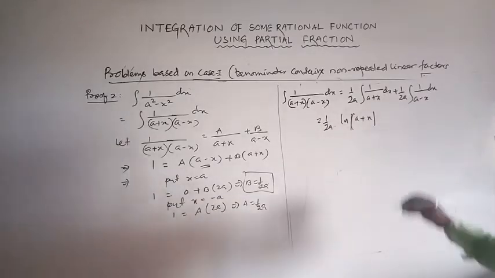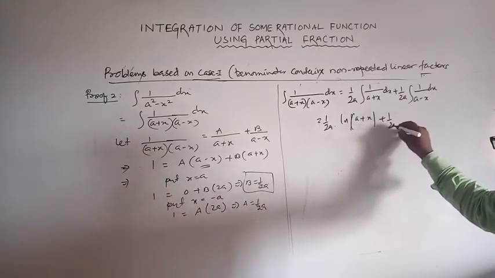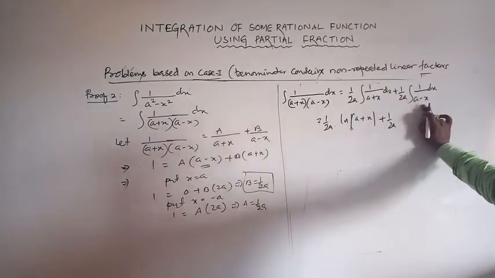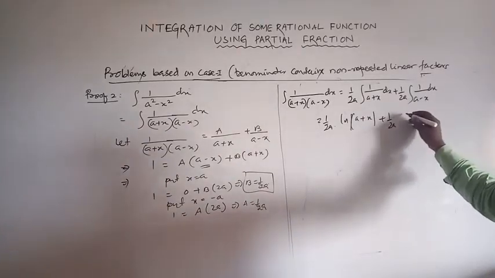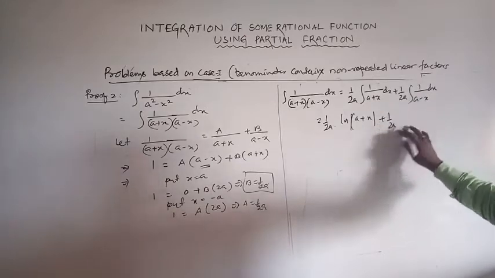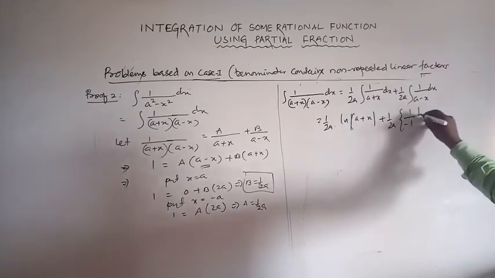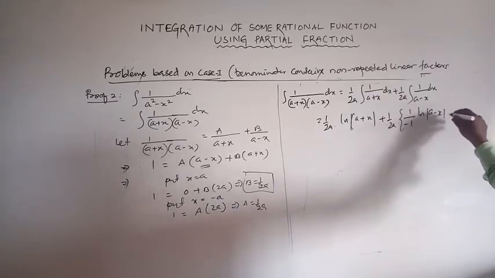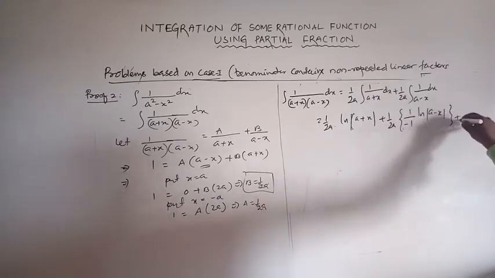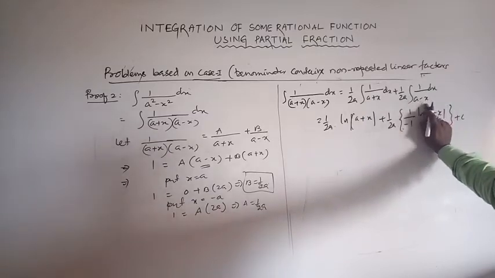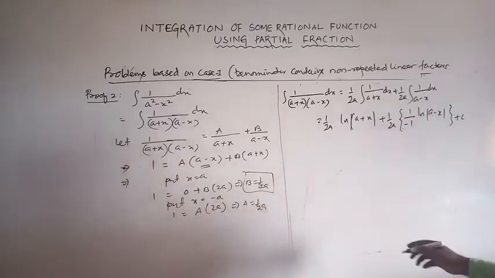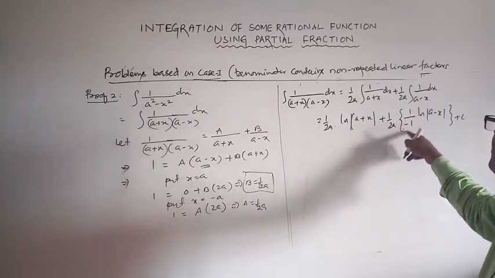Here, mind it, what is the x coefficient here? Minus 1. So 1 by minus 1 into log of a minus x plus c. Very important: integration uses 1 by the x coefficient, and the x coefficient is minus 1 here.